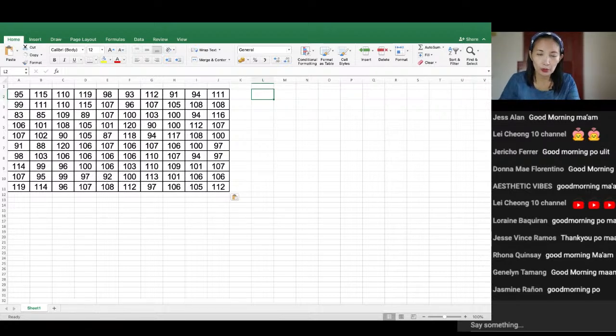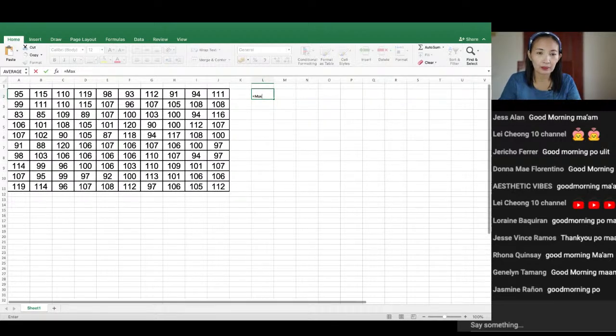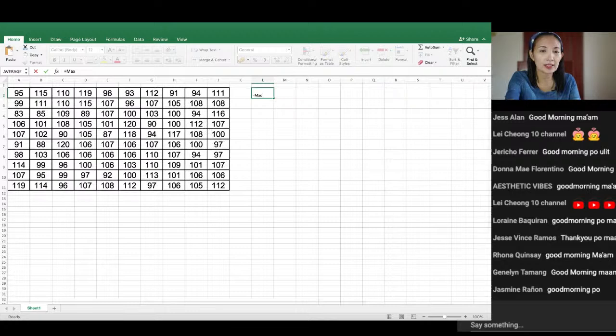Click on one cell, type equals, and type max. That gives the maximum or the highest value. You only have to click on max, highlight the range of scores, enclose it in a pair of parentheses, and then enter.